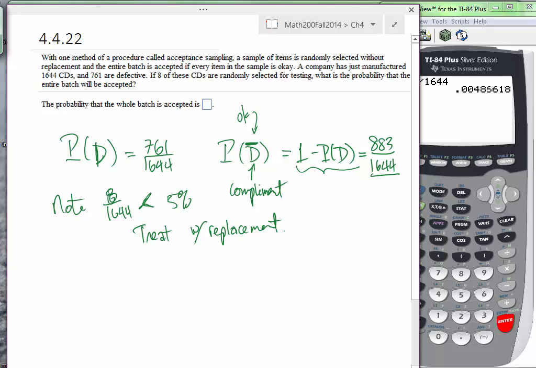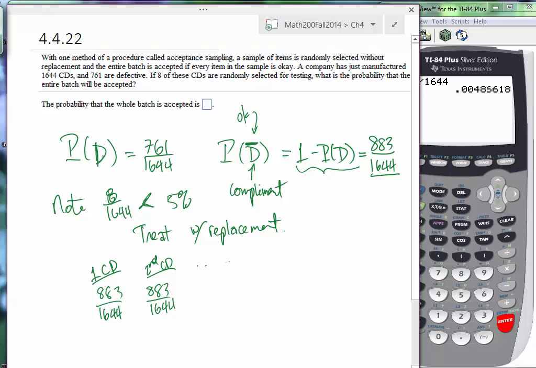Alright, so what we're interested in is we pull out 1 CD, and that has a probability of 883 over 1644. With replacement, we imagine we put that back, we pull out a second CD, and the probability that that will be accepted is again 883 over 1644.